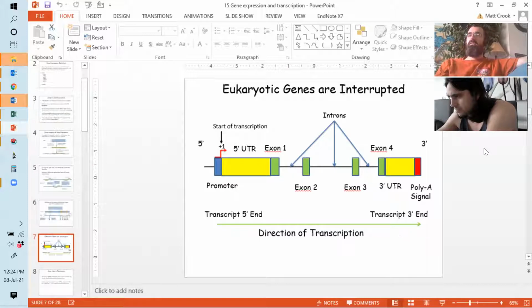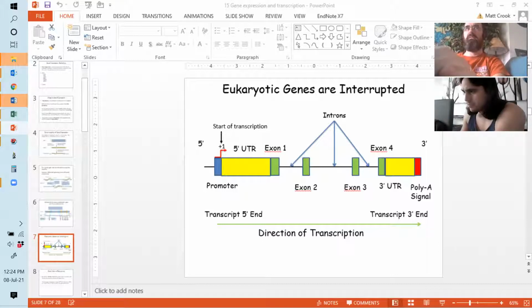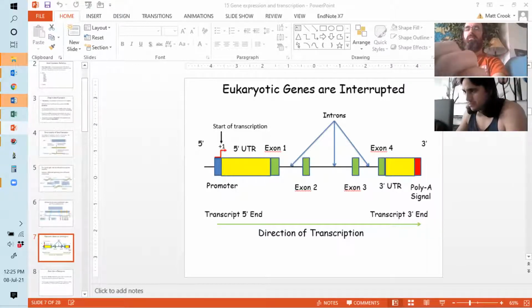Introns are non-coding gaps in the DNA. Well, not gaps. No, that's wrong. Hang on. Non-coding gaps in... How do I put that? And the transcript.